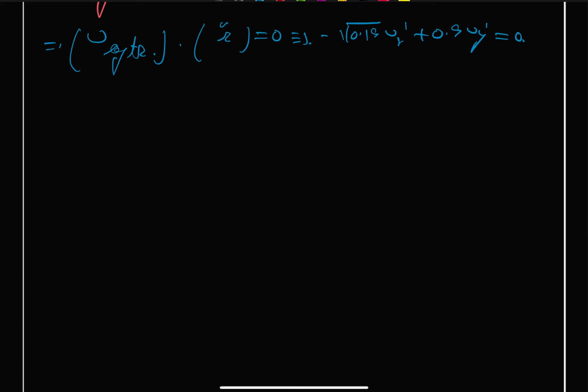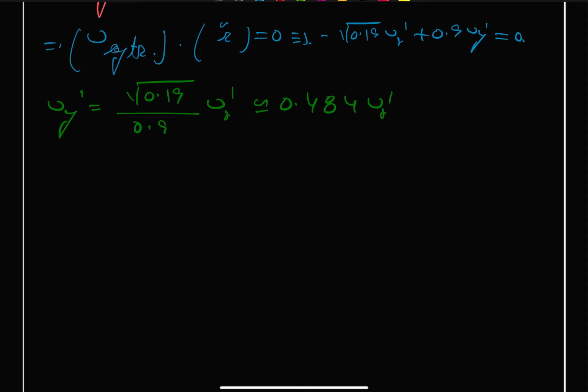So from here we get that our vy prime is equal to square root of 0.19 over 0.9 times vx prime, approximately 0.484 vx prime.